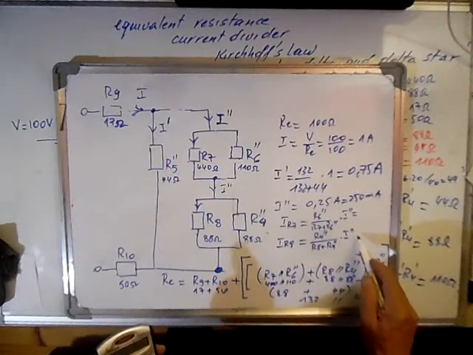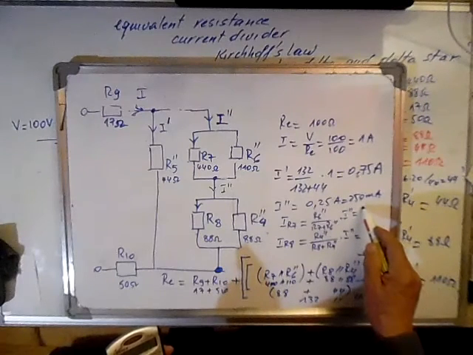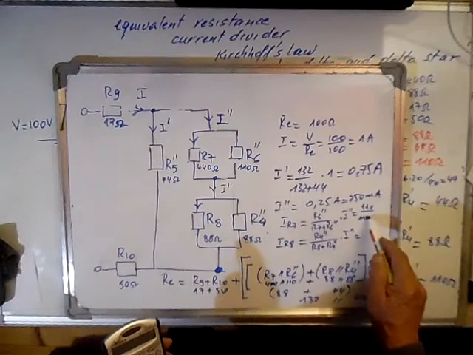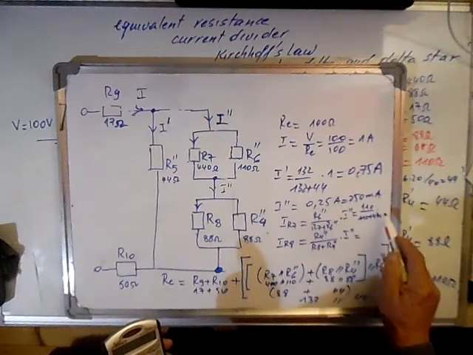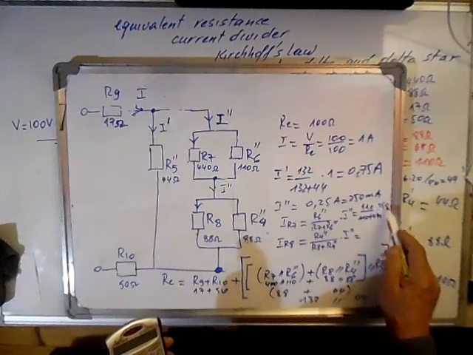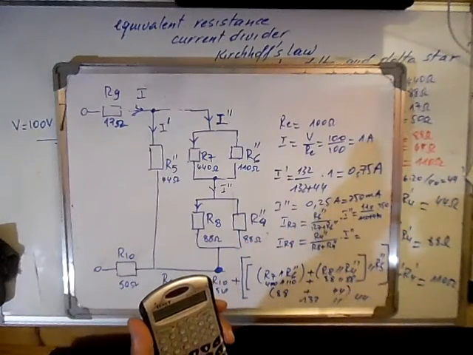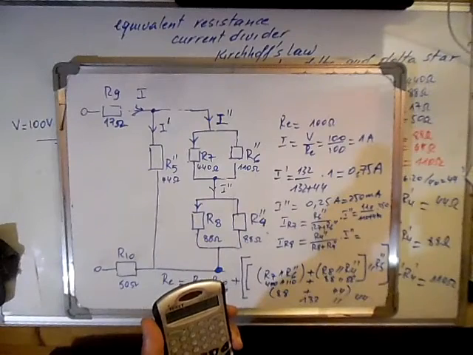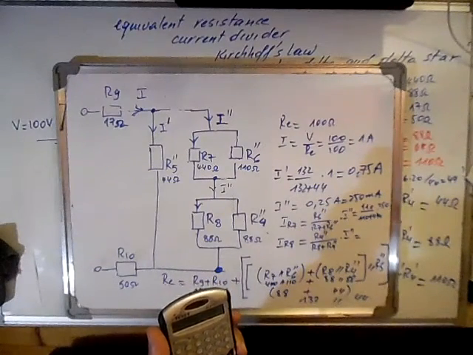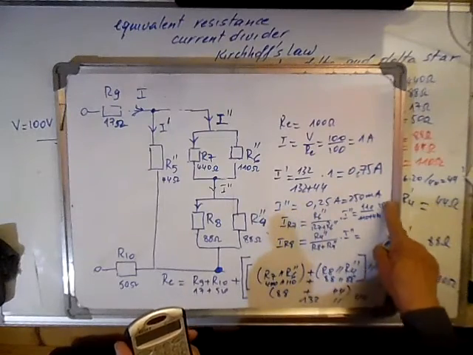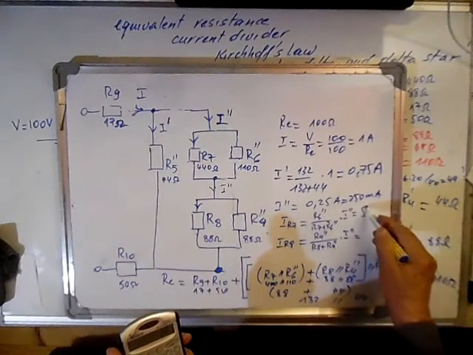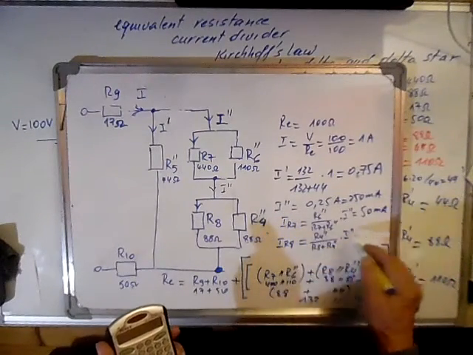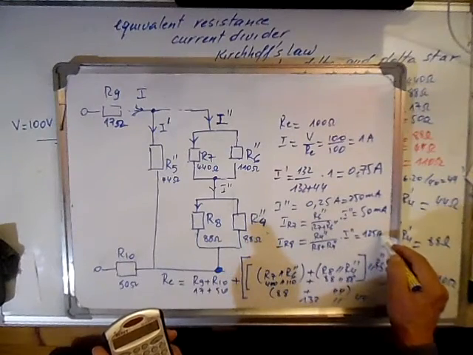This I7 is 110 over 110 plus 440 times 250 milli, which will give us 50 milliamps, and here will give us 125 milliamps.